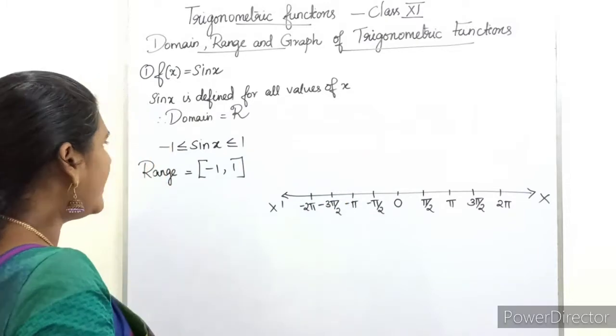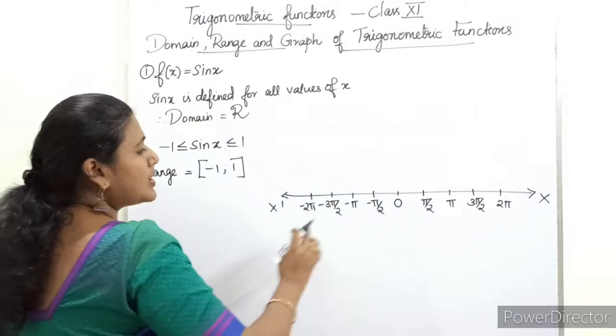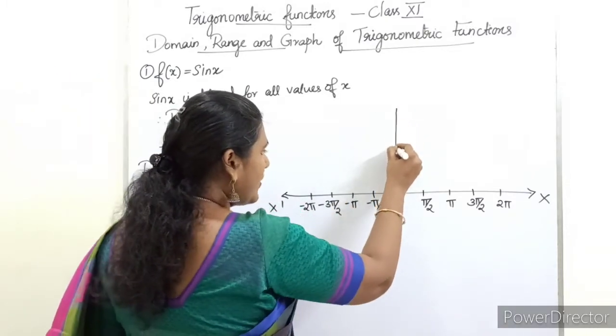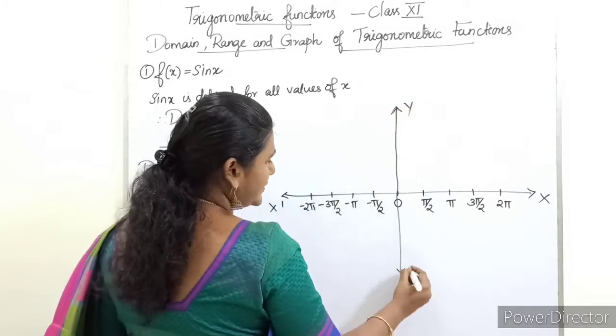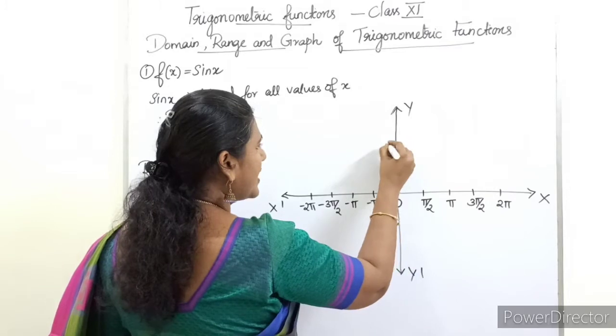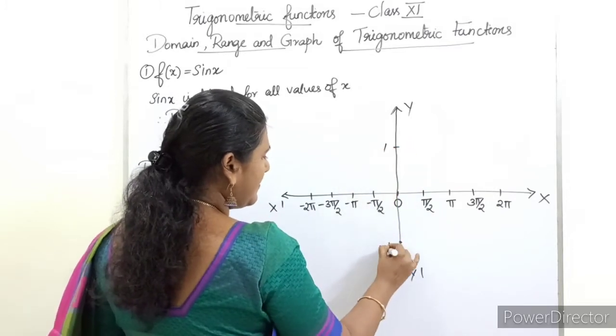Now we will draw the y-axis also, this is y and y dash, and here we will mark 1, and here the point minus 1.